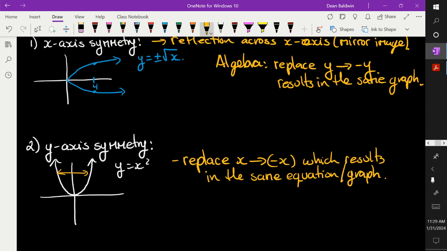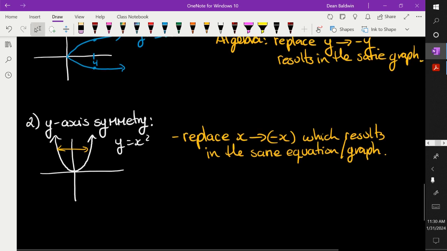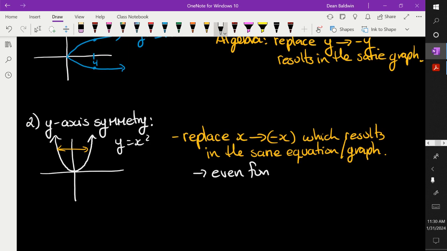If you have symmetry with respect to the y-axis, this is called an even function. So if somebody says that is an even function, it means it has y-axis symmetry.